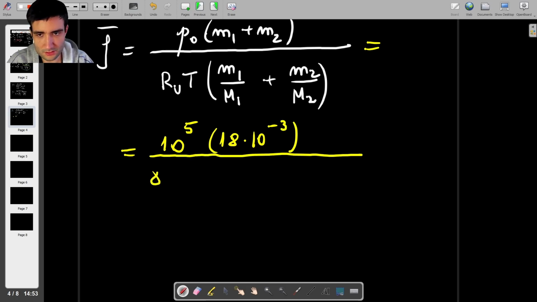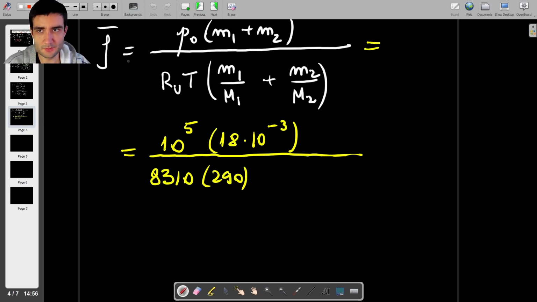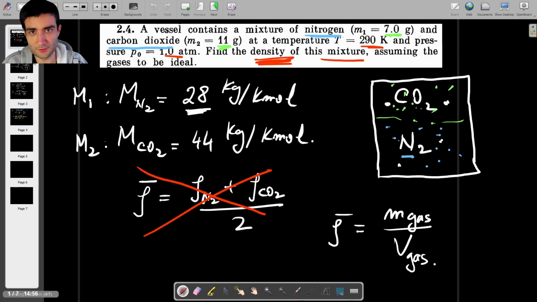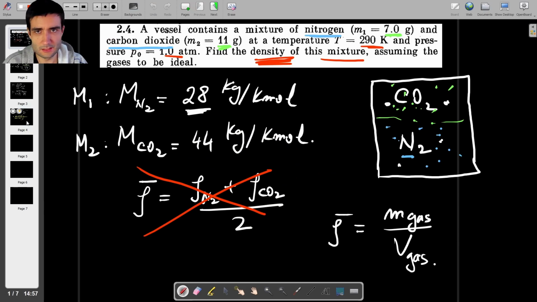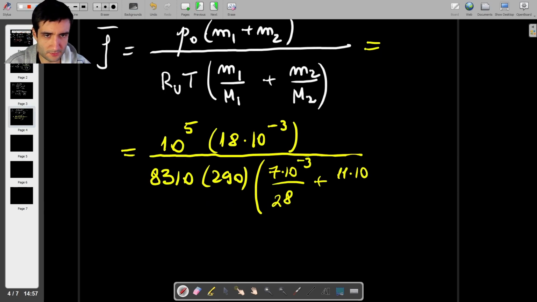Then the universal gas constant is 8310, and a temperature of 290 Kelvin, times the bracket: M1 is 7 times 10 to the minus 3 over capital M1, the molar mass of nitrogen, 28, plus M2, 11 times 10 to the minus 3 over 44.